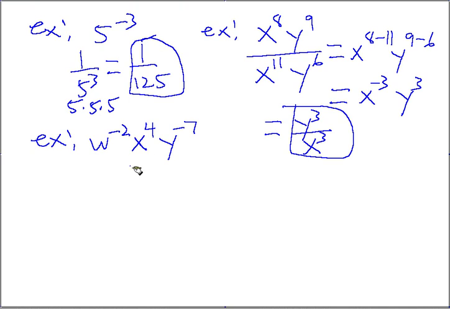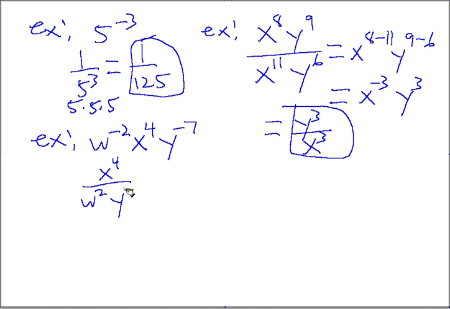What stays on top? Well, hopefully we can clearly see that the negative exponents will have to be bumped down. In other words, the w and the y have to be bumped down. But the x to the 4th will stay on top. So therefore, I'm going to get x to the 4th over w squared, because the w gets bumped down because it has a negative exponent. Likewise for the y, it has a negative exponent, it gets bumped down.